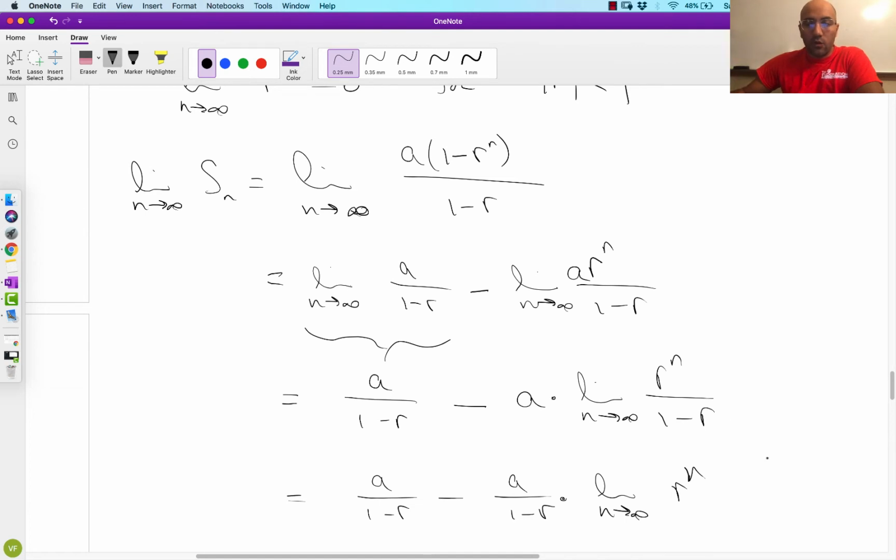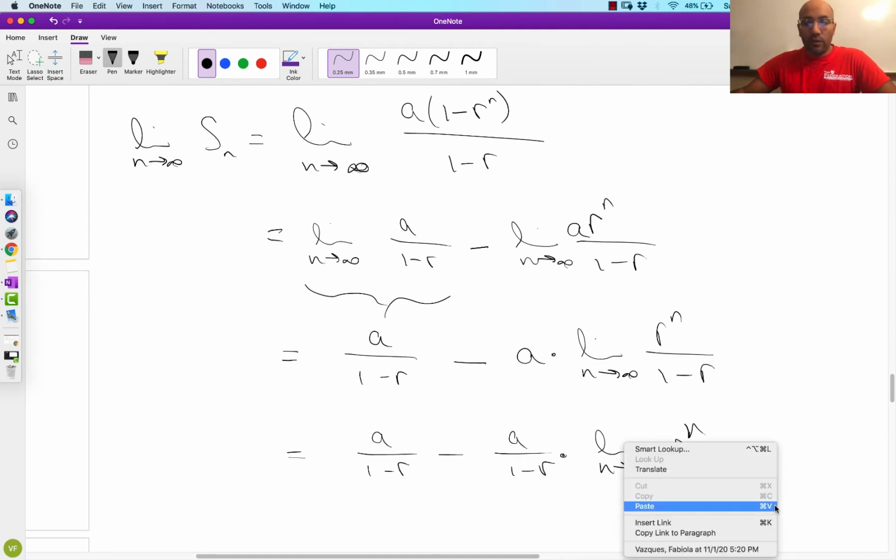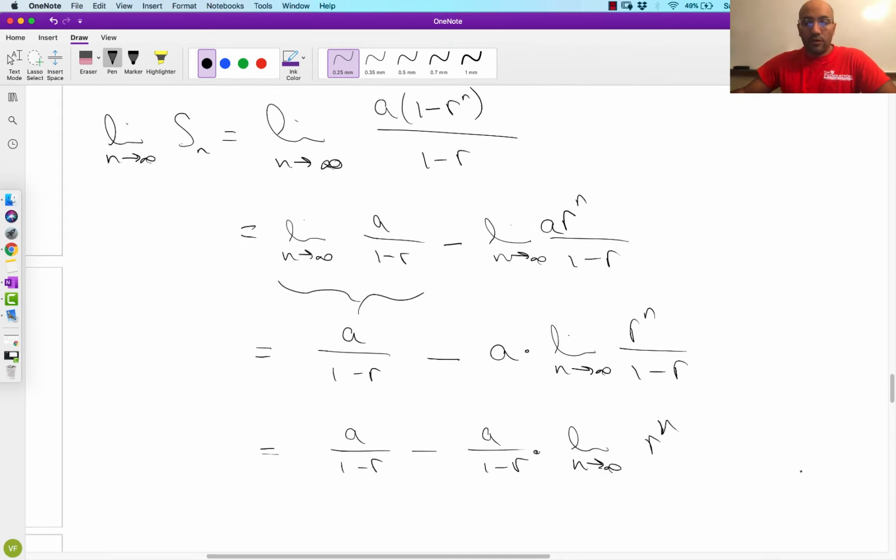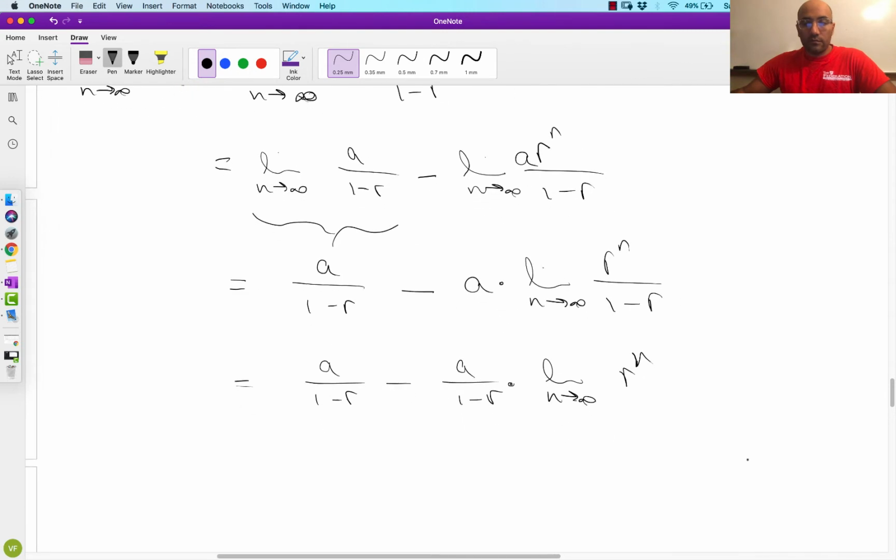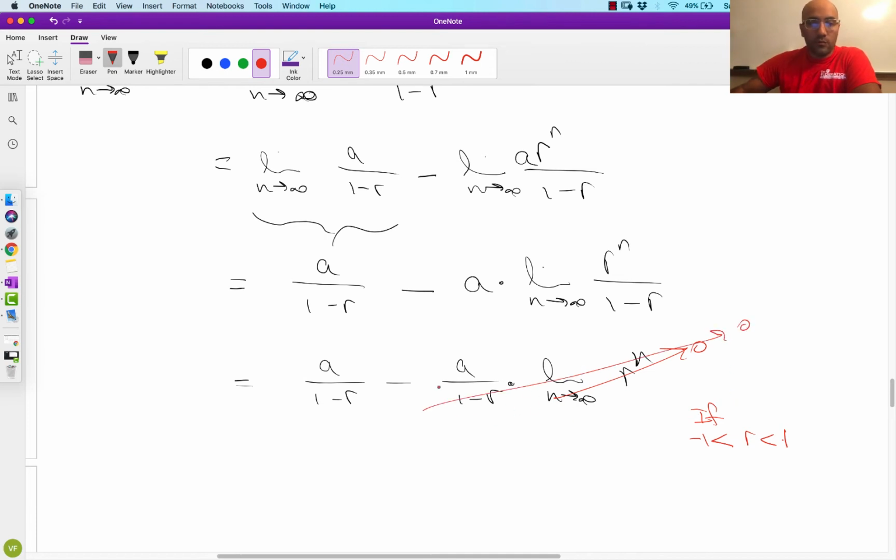So as we noted above, if r happens to be a value between -1 and 1, then we know that this is going to go to 0. If r is between 1 and -1, some value there, we know this goes to 0, which means that the entire thing goes to 0, which means that this is the only thing that survives.